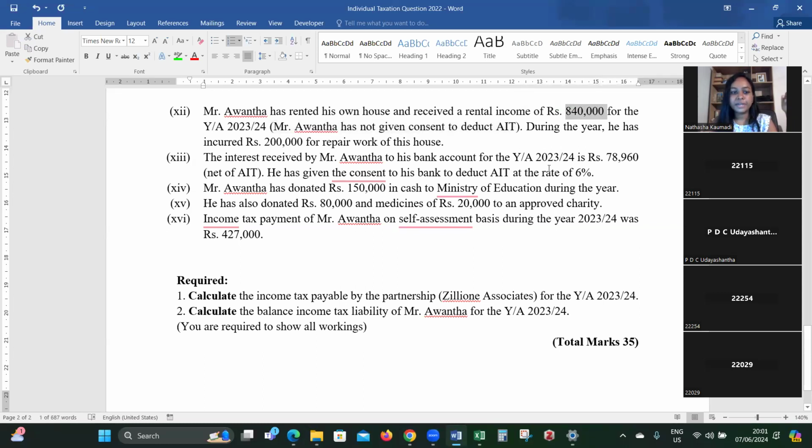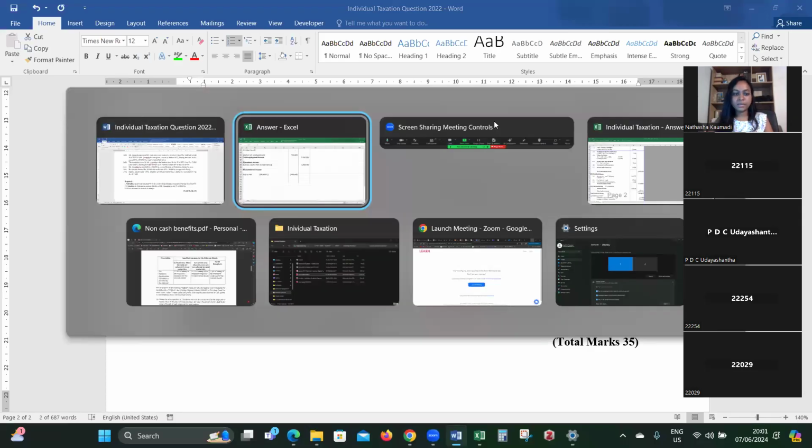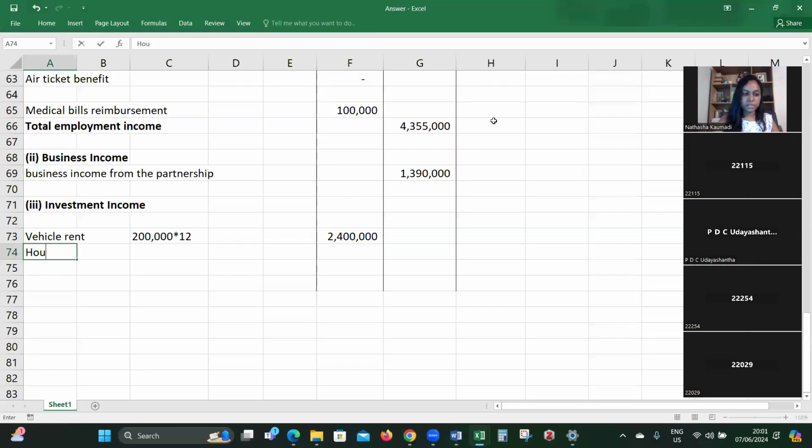That is the rental income for the whole year of assessment, 840,000. So you can directly take house rental, 840,000. You have to take the gross amounts here.